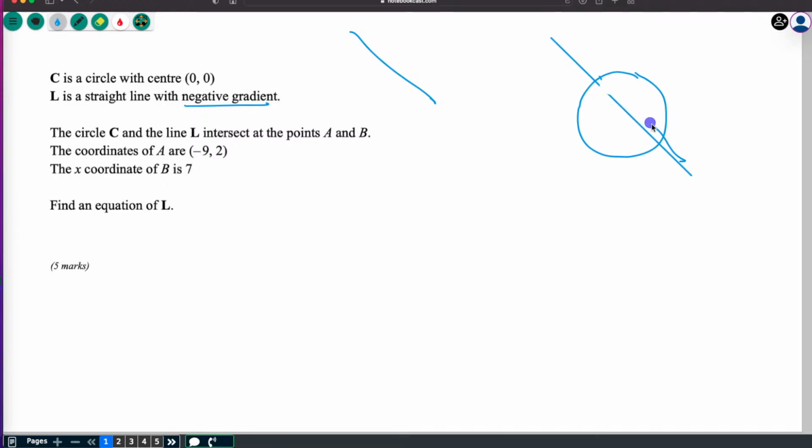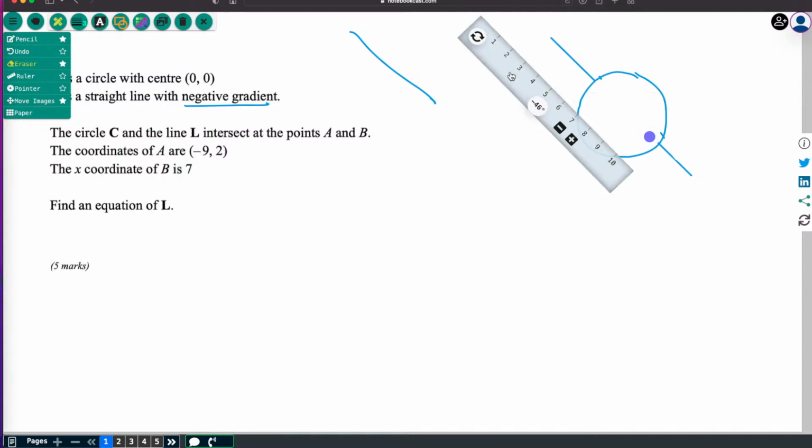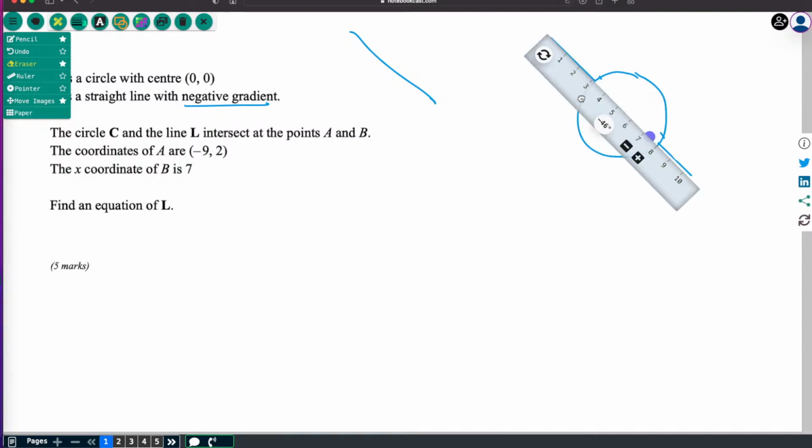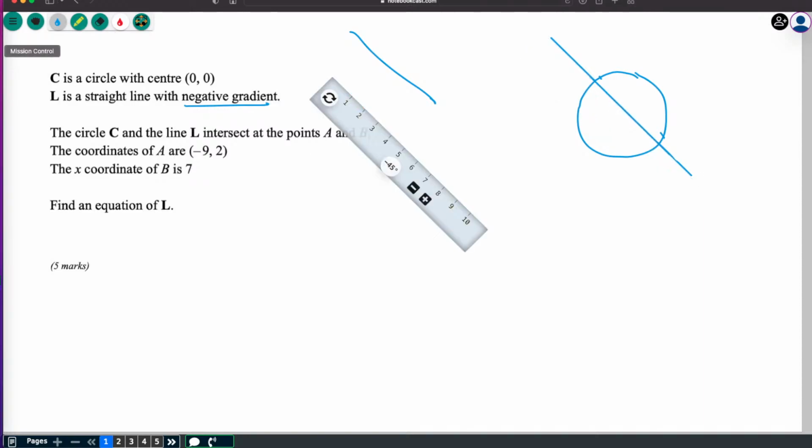Oh dear, I'm messing everything up. Okay, let's get our ruler again. Apologies. Ruler again and quickly draw this again. Okay, finally.